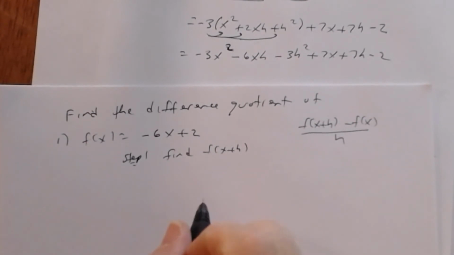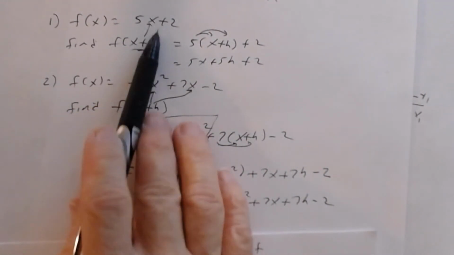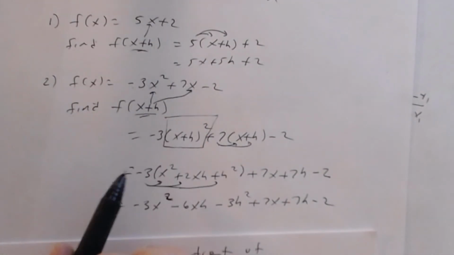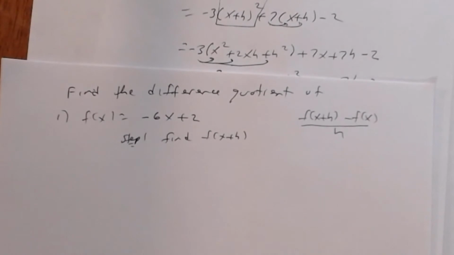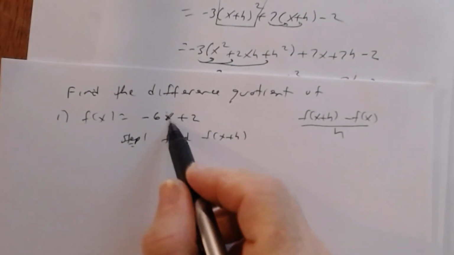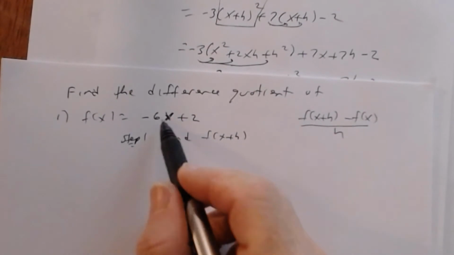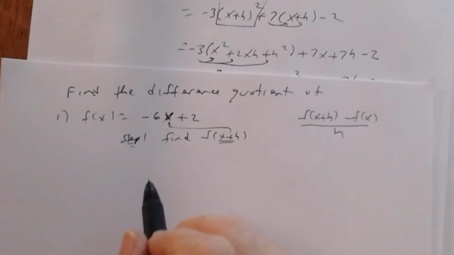Okay? So just like we did a while ago, remember this right here? That's that idea. So find f of x plus h. Where we see the variable x, you're going to substitute x plus h. All right, so if I want to find f of x plus h, wherever we see the variable x, and I see it here, that's the only place I see it on this side, I'm going to substitute x plus h.